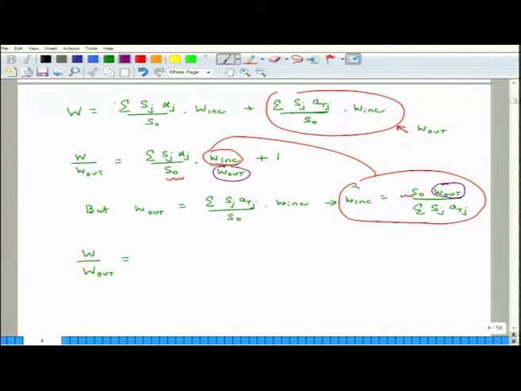What I will be left with is 1 plus the sum of the jth area multiplied by its absorption coefficient, divided by the sum of the jth area multiplied by its transmission coefficient.